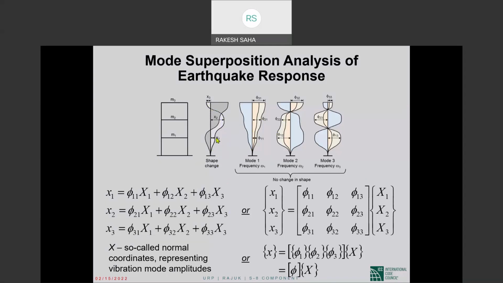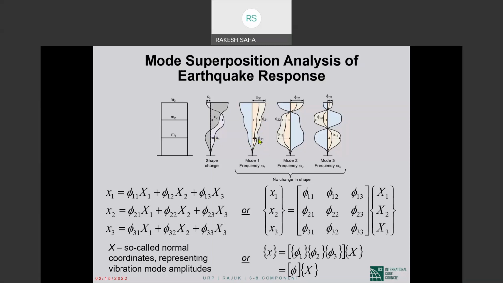So the displacement here, x1 at level 1, is phi 11, which is from the position of rest to the extreme curve.